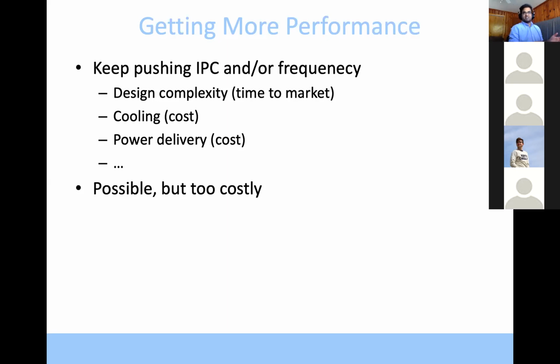And this kind of worked until the mid 2000s. We went from hundreds of kilohertz processors in the 70s and 80s to several gigahertz, like 2 point something, 3 gigahertz. That's quite an improvement in frequency.